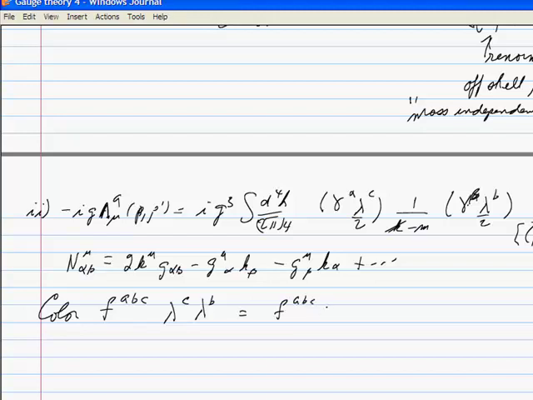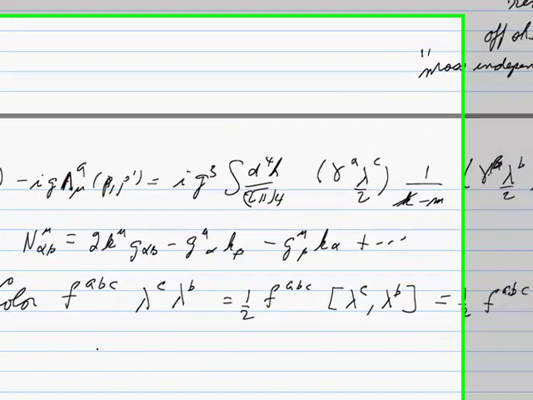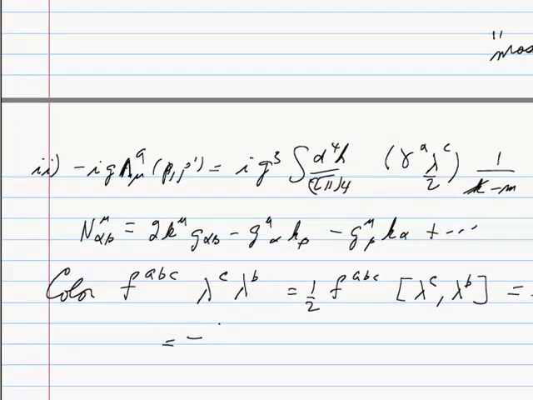This is F, A, B, C. Put a factor of a half and turn this into the commutator because it's antisymmetric, which is then 1/2 times F A B C F C B D times 2I lambda D, which is minus, it becomes plus C2 the adjoint lambda A. So this combination turns back into just one factor of lambda A with a C2 of the adjoint.